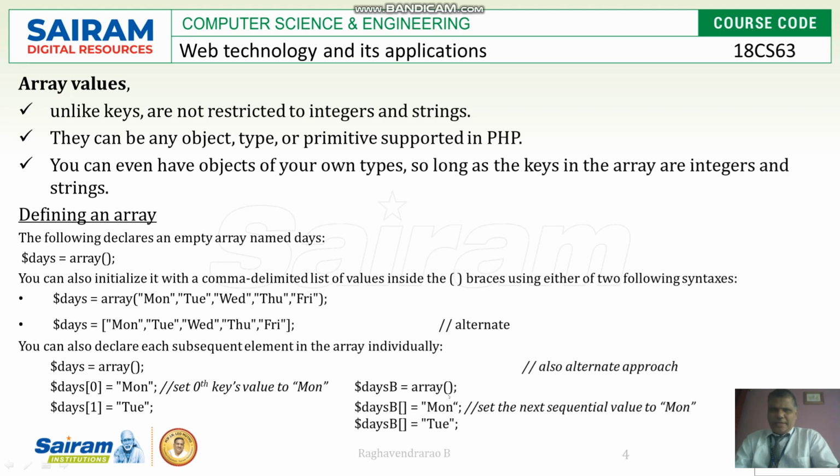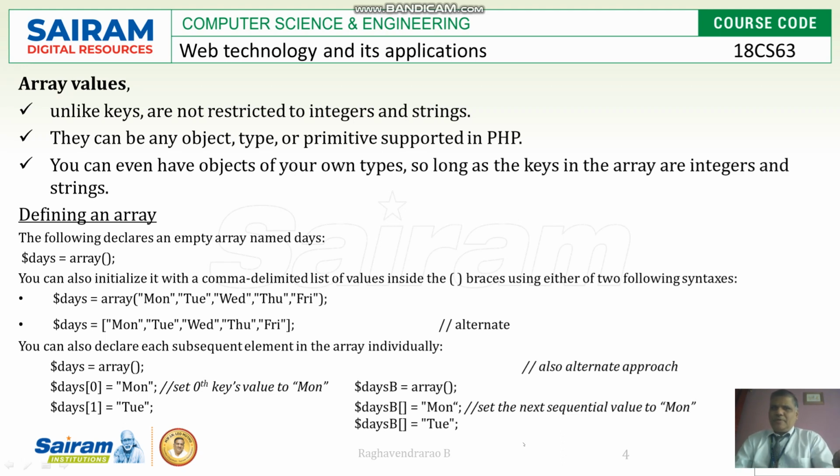$days b is equals to array. Okay, another example. See, $b, so days b square bracket is there here. We have not mentioned any index over here. It is equals to Monday. So what happens is that whatever already exists previously, next to that it is getting added.